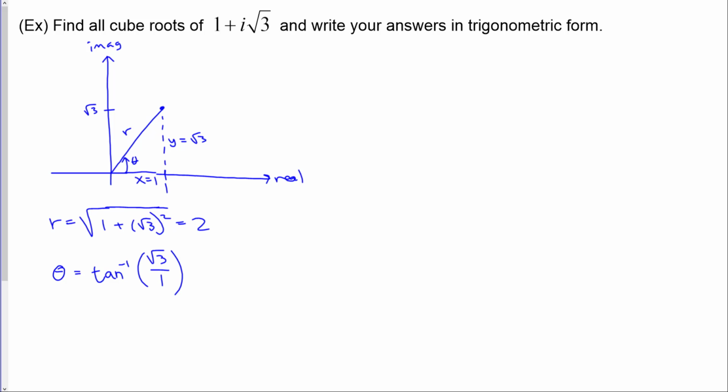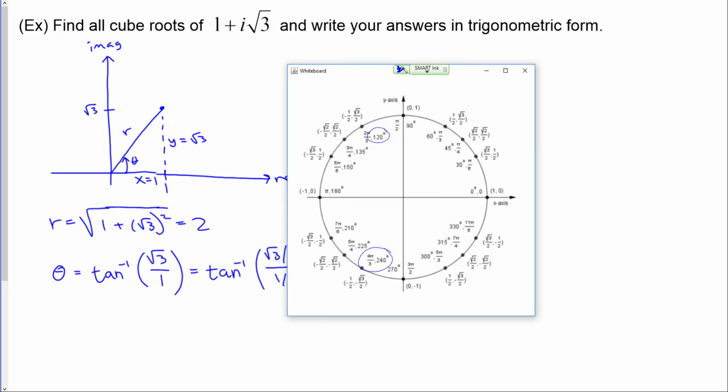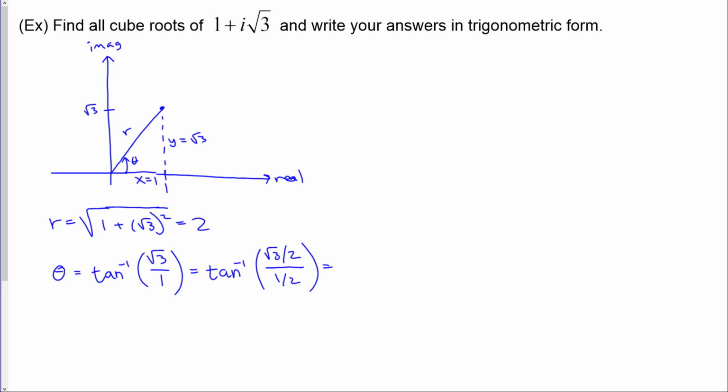So if I need to do an arctangent for root 3 over 1, then let me think of this as, say, arctangent of square root of 3 divided by 2 over 1/2. If you have your unit circle handy, then just look for where sine is root 3 over 2, cosine is 1/2. So that happens at 60 degrees.